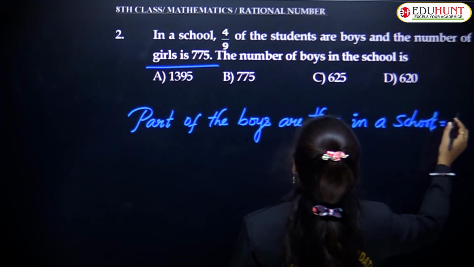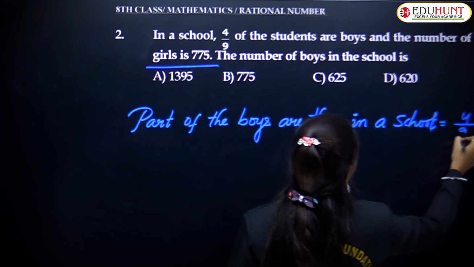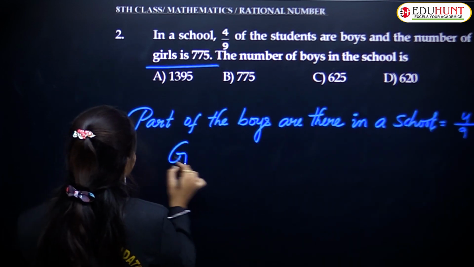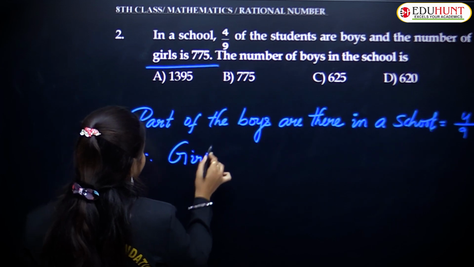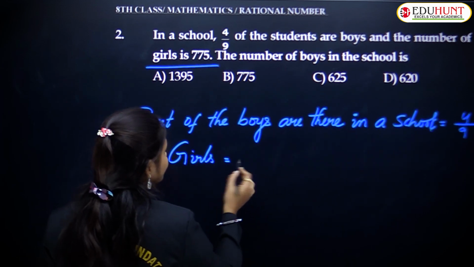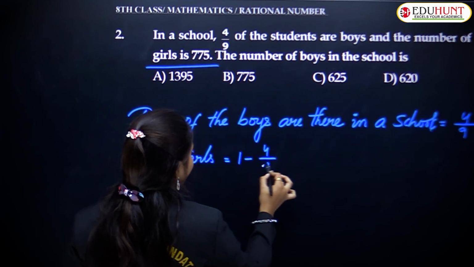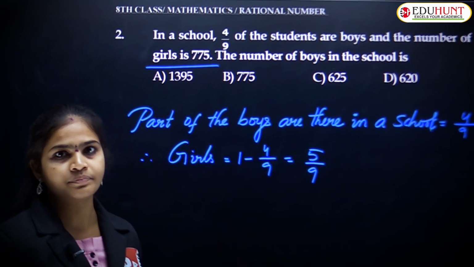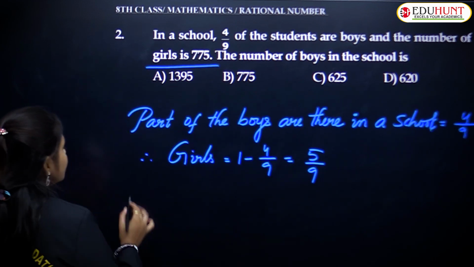So how much part of them are boys? 4 by 9th part. Then girls, since boys are 4 by 9th part, how much part are girls here? 1 minus 4 by 9 is equal to 5 by 9th part of girls are there.